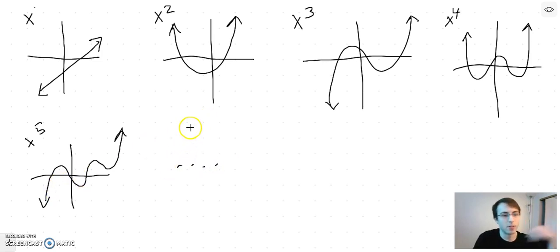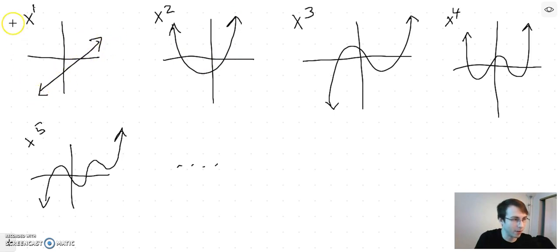So some things to notice. What's going on here is that when you have, I'm just going to write 1 because this is really x to the first. X is just x to the first. When you have an odd exponent here, then the function doesn't double back on itself totally.